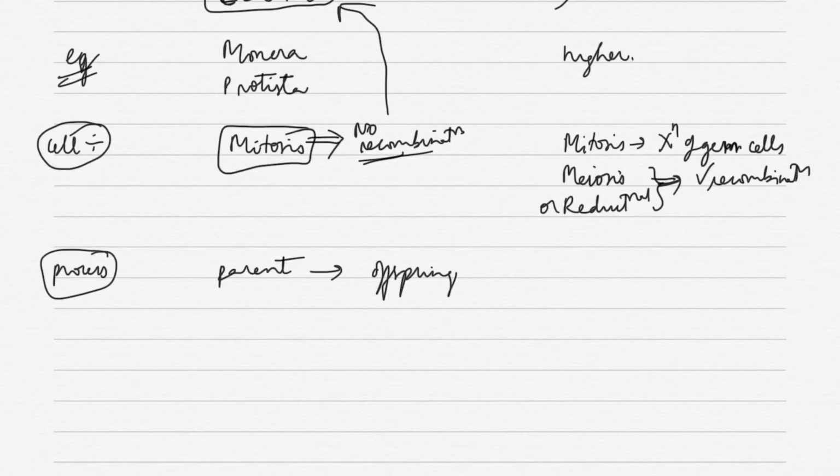But here in sexual reproduction, what happens? There is a parent or parents. There has to be male and female gametes being formed. These two gametes fuse.